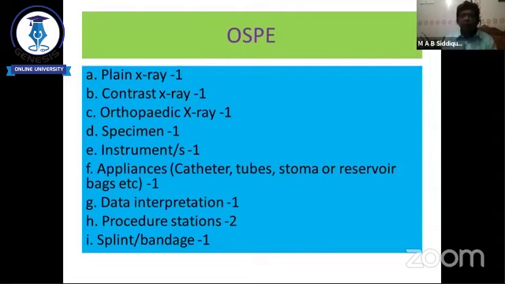Of the 10 stations, one station is plain X-ray, another is contrast X-ray, and another is orthopedics X-ray.